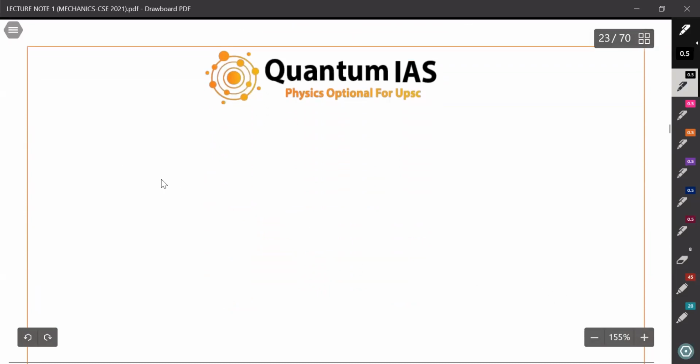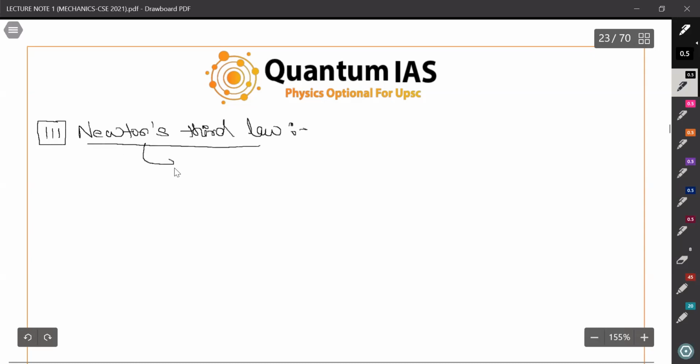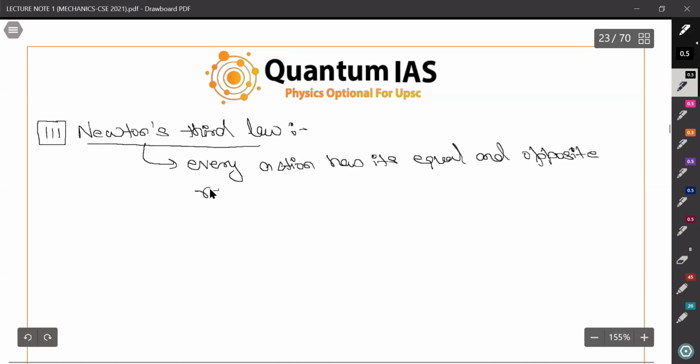Okay, let's come to the third one. I think everybody knows the third law. Even a student of 6th class remembers this: every action has its equal and opposite reaction.